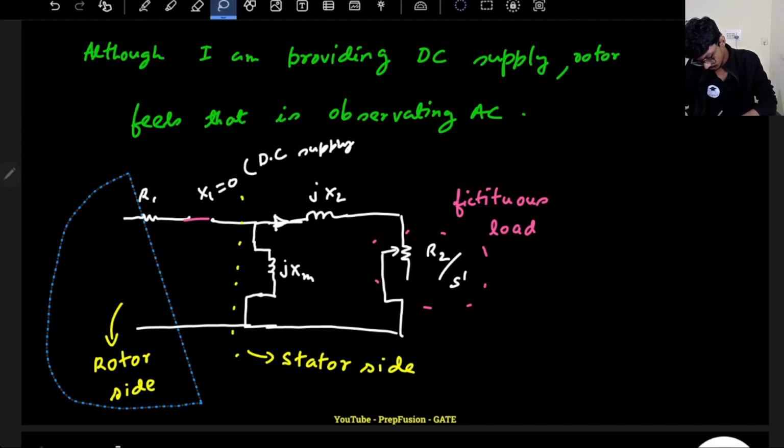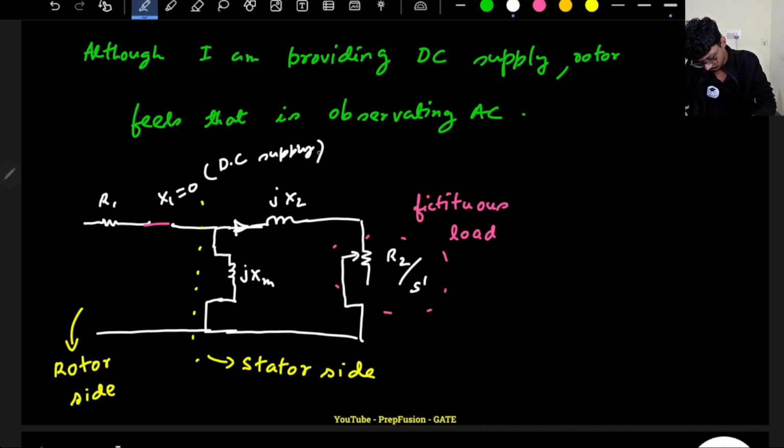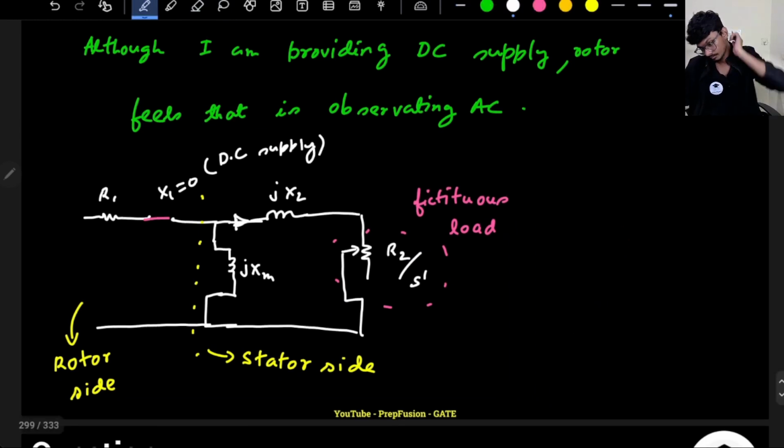Okay, so now here again this will all depend on the induced EMF E2. What is the frequency of the induced EMF?